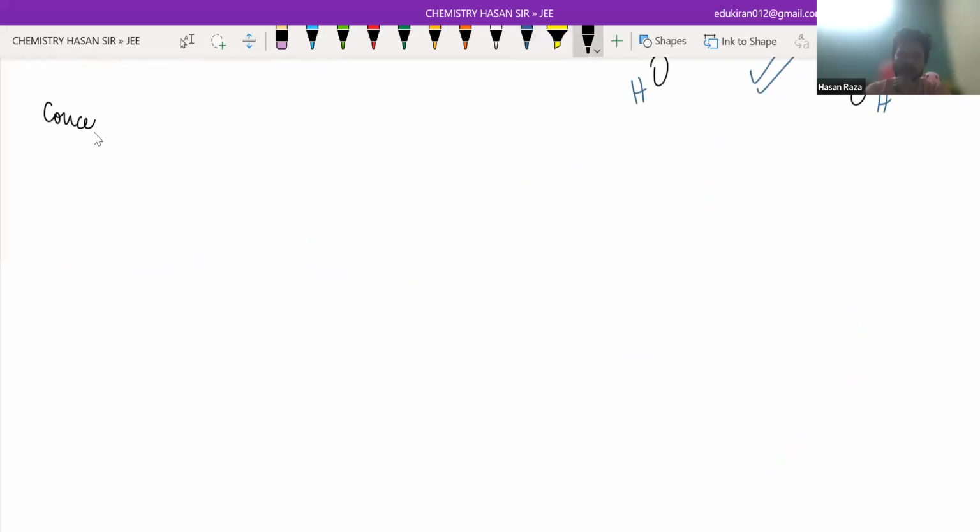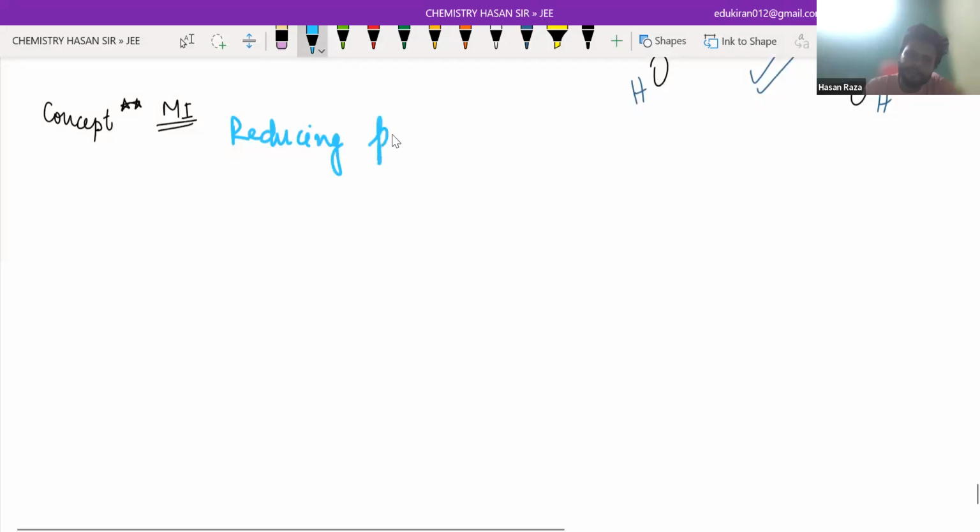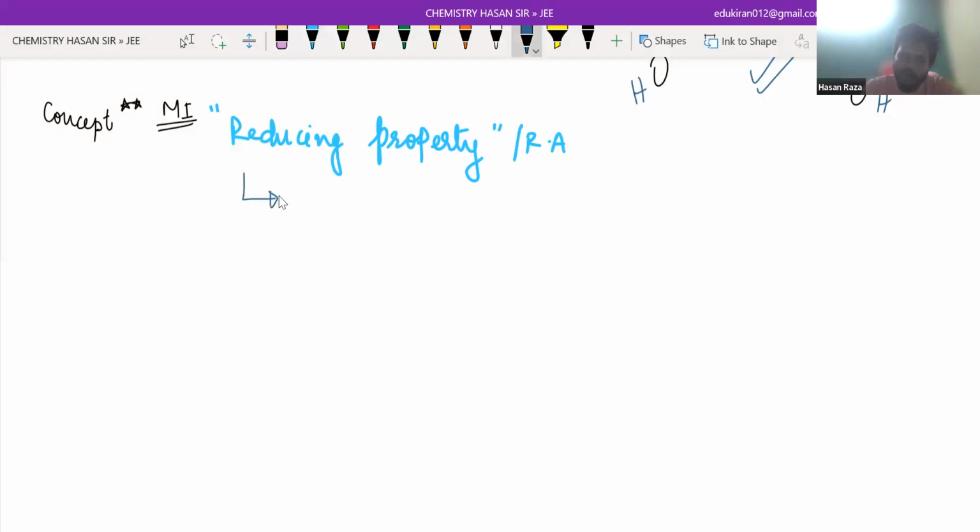Okay, I'm gonna give you a very important concept, and this concept is very, very important, most important. In inorganic compounds, if the examiner will ask you about the reducing property or reducing agent, which one of the following is the most reducing agent, or I'm going to write it RA, that is reducing agent, then what you need to do is look for the one which has maximum bonds of E-H.